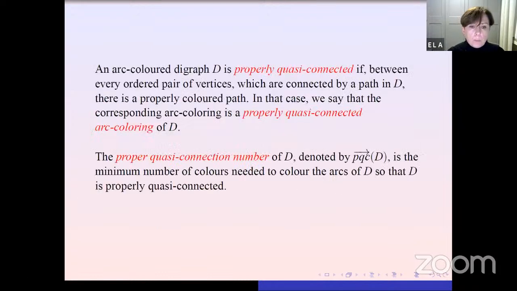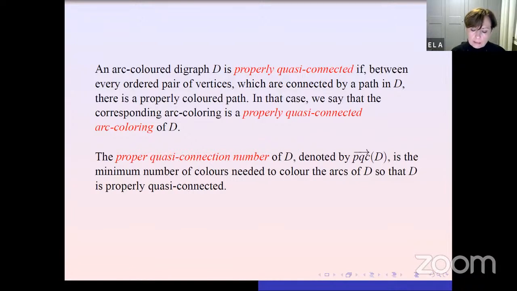As we observed before, in order to admit a properly connected arc coloring, a digraph must be strong. So we decide to extend the notion of proper arc coloring to all digraphs, not necessarily strong. So we define properly quasi-connected digraphs. An arc-colored digraph is properly quasi-connected if between every ordered pair of vertices which are connected by a path in our digraph, there is a properly colored path.